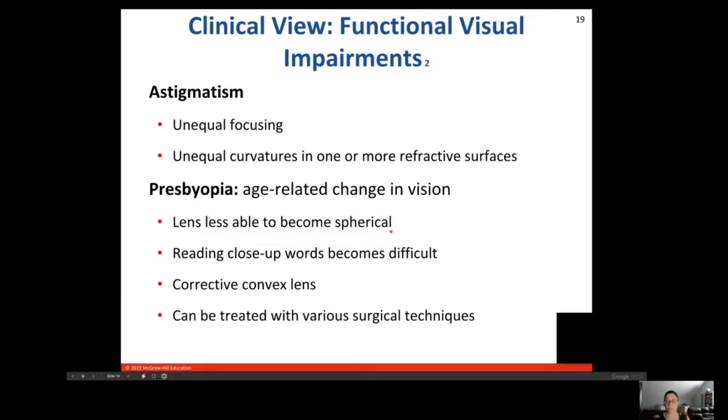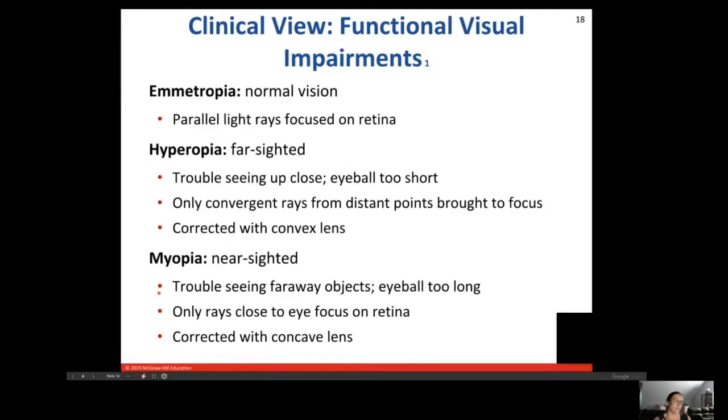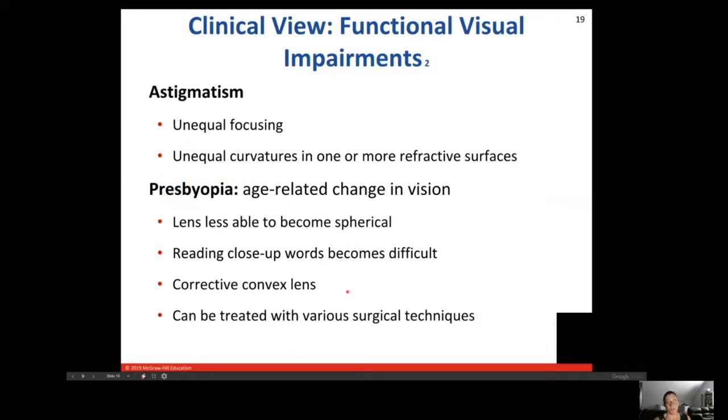Remember, we needed accommodation to see things up close, and so reading close up can become difficult, and you can correct that with convex lenses. Now, if you already had myopia, you need concave lenses for that, and then you get presbyopia, then you might need bifocals. But all of these things can be treated with various surgical techniques. Now they have LASIKs and different things like that.